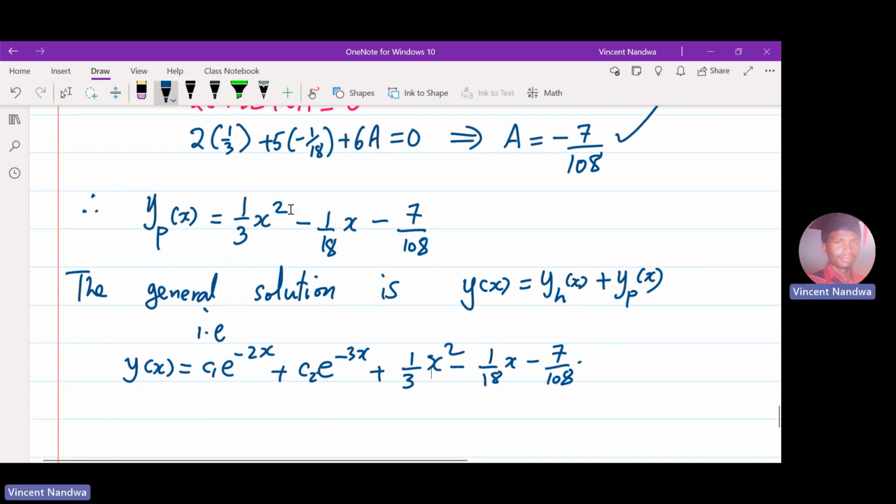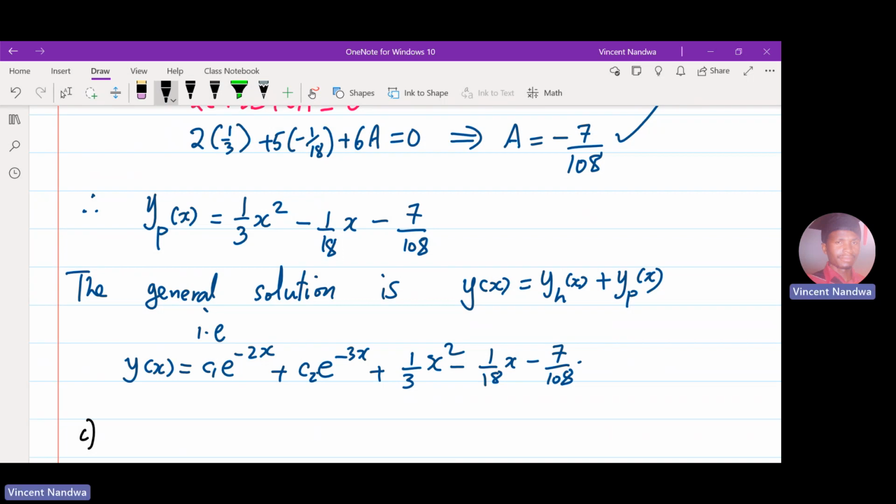So let's see the C. The promise was that by the time we finish all the 4 problems, you should be able to solve these problems on your own. So C, I hope you agree that the YH is remaining the same thing.